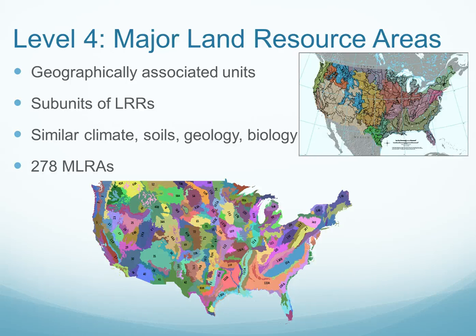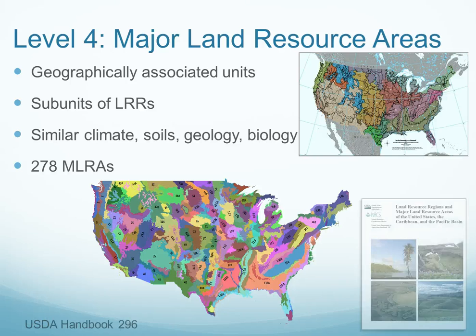Major land resource areas share similar climate, soils, geology, and biological resources. An excellent reference is the USDA Handbook 296, Land Resource Regions and Major Land Resource Areas of the United States, the Caribbean, and the Pacific Basin.